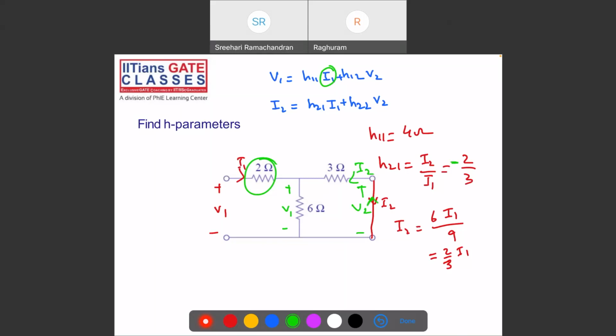The direction is this way, but the standard direction of I2 gives minus 2 by 3. Now, what else do I need to get? Is it understandable, right? Or shall I erase this?